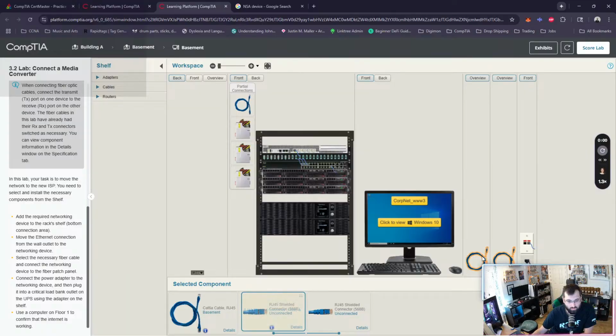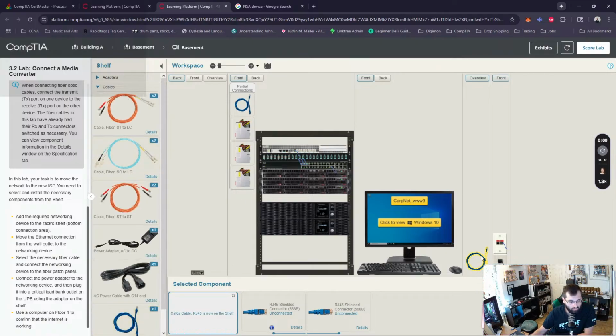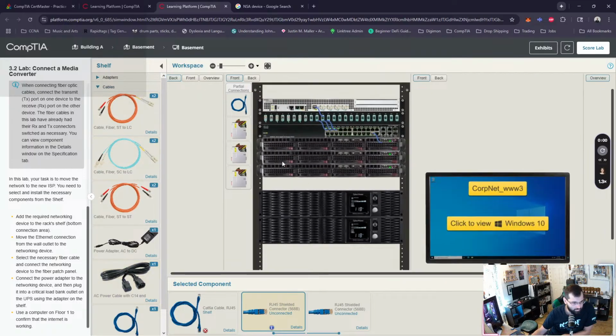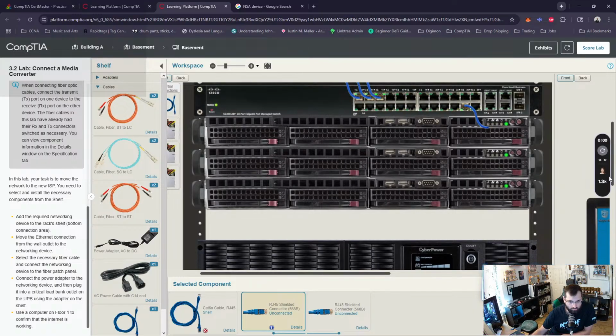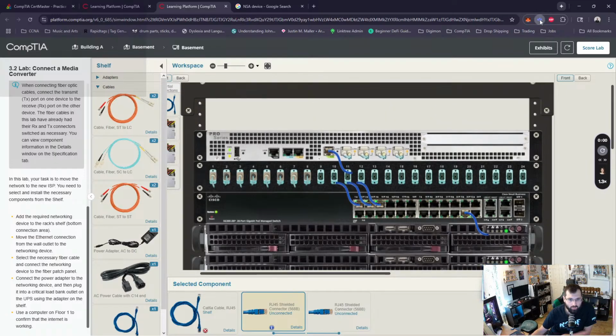What? Okay. Okay, we don't need you. You go away. So we need to connect the fiber.